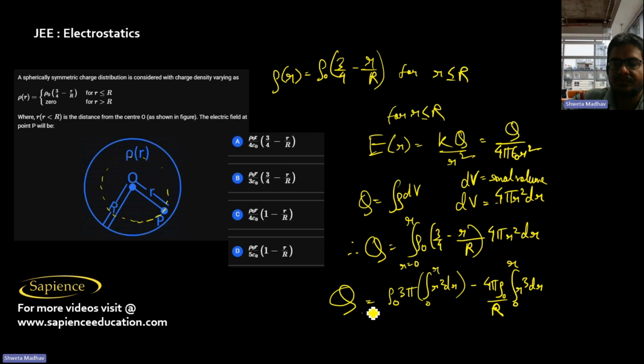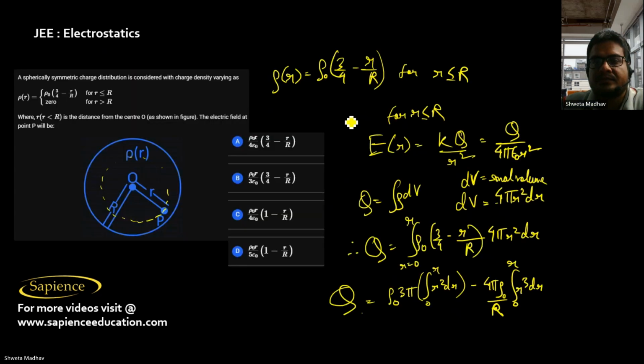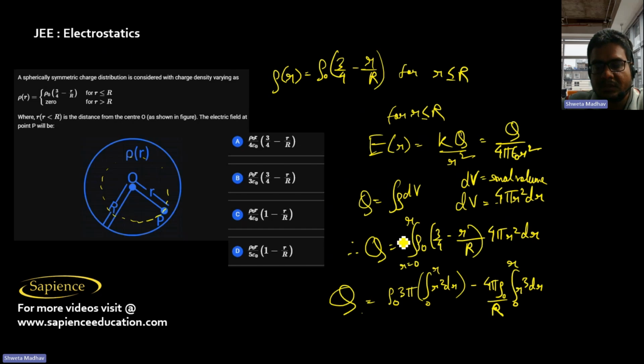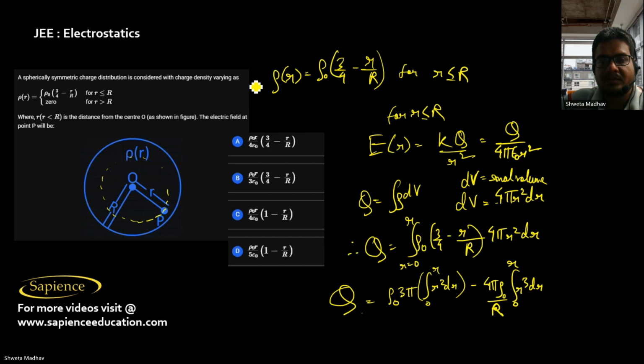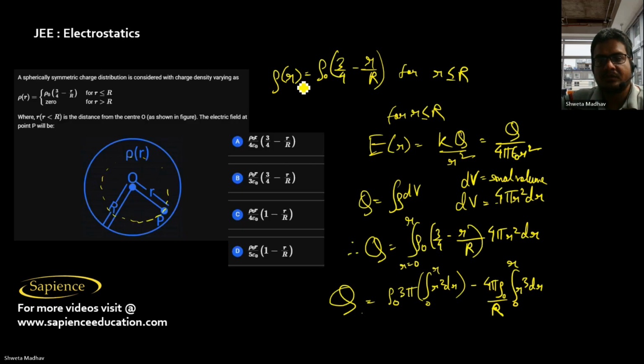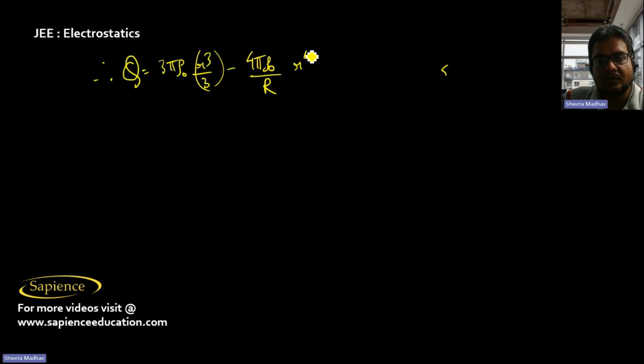So this is q. So q will be equal to 3 pi rho naught into integral r square dr, that is r cube by 3, minus 4 pi rho naught by R into r power 4 by 4.